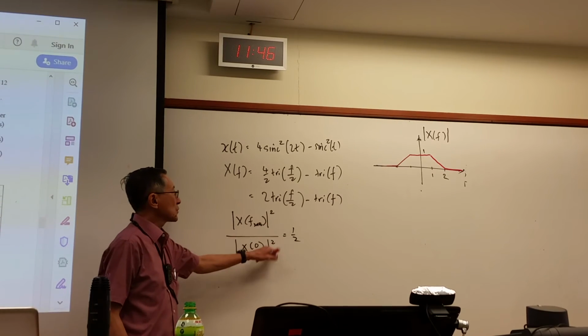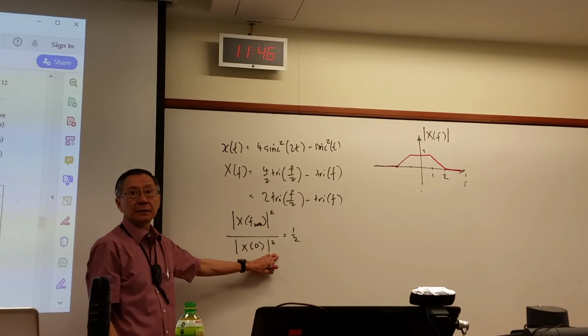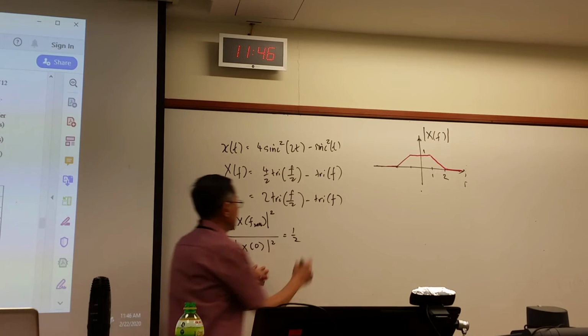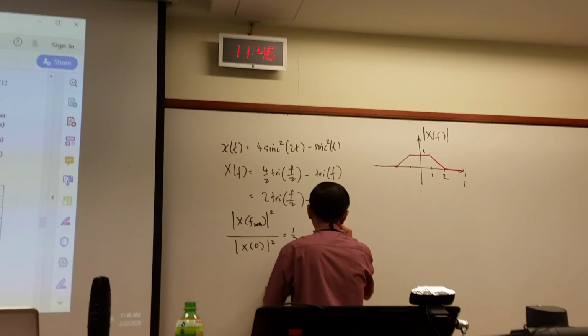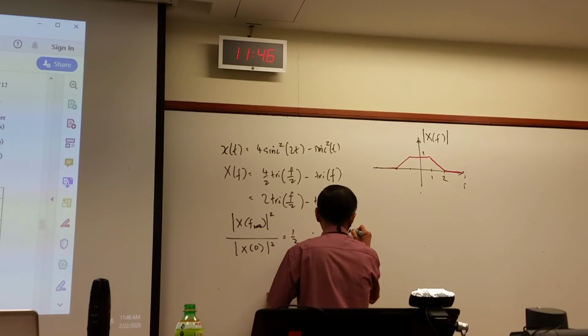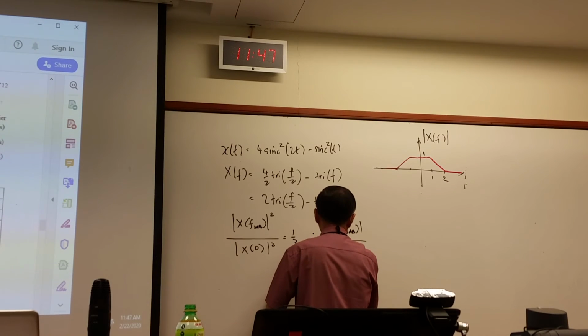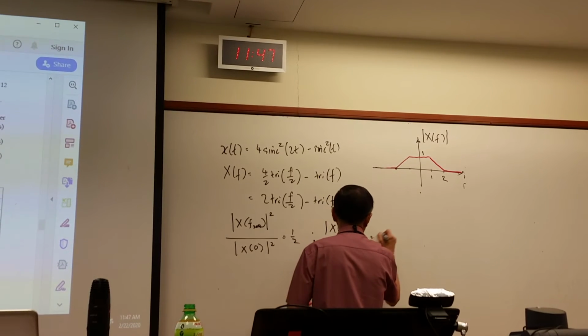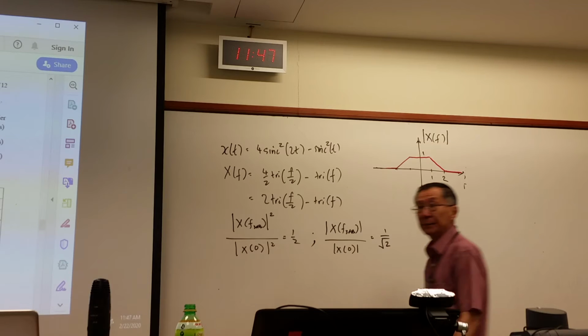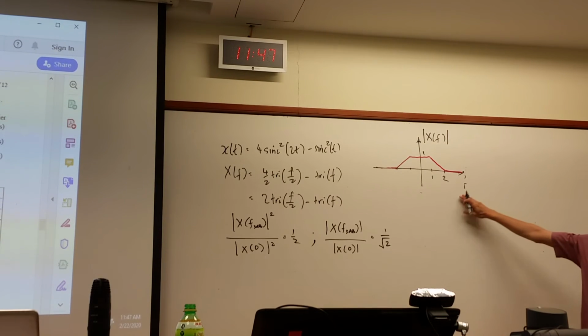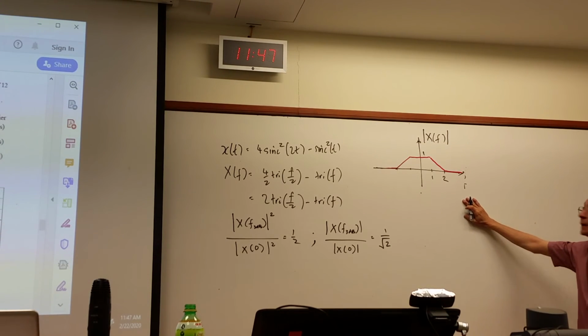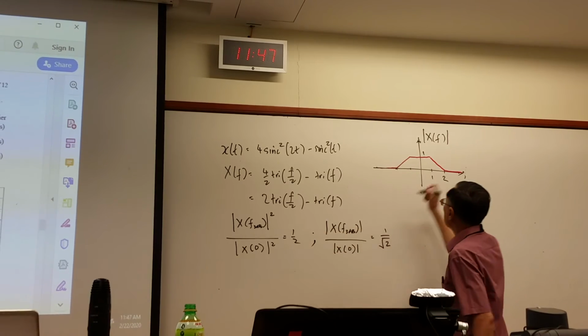Instead of speaking of squared, since I have no square there, this is the same as saying |X(f_3dB)| over |X(0)| equals 1 over root 2. Same thing, right? So it's easier to see here. That means I have to go down by 1 over root 2.